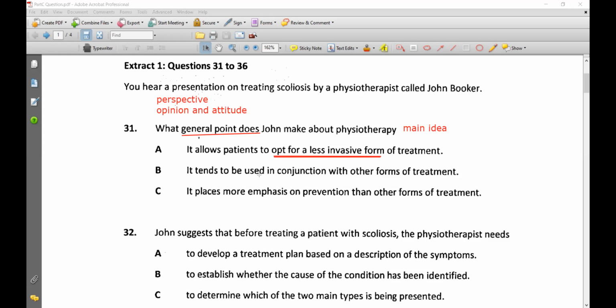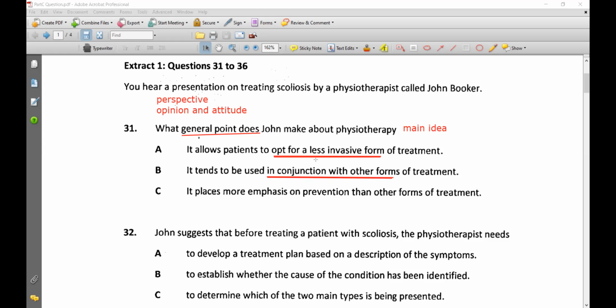It tends to be used in conjunction with other forms of treatment. So you see, A and B are completely different. If in the entire conversation he just goes on to compare how physiotherapy is different from the rest of the treatments, then probably A is the correct answer.